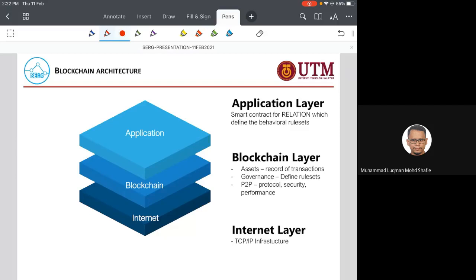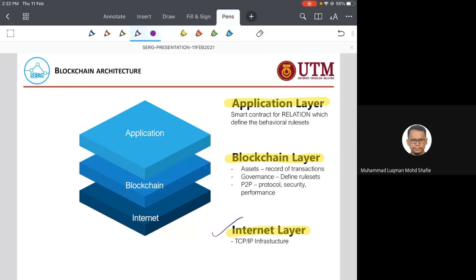Okay, now we go for the blockchain architecture in general. In general, blockchain has 3 layers. We call them the application layer, the blockchain layer, and then the internet layer. As a software engineering discipline, we don't put so much into the internet layer.